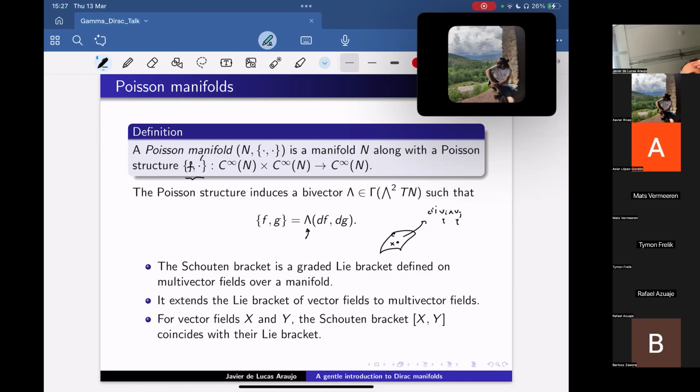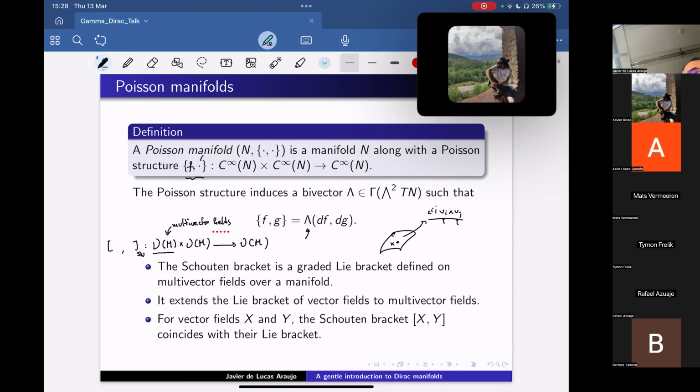You want to describe a bilinear mapping, the Schouten-Nijenhuis bracket, that goes from here to here, and it has certain properties. These multi-vector fields: the zero-vector fields are functions, the one-vector fields are standard vector fields, bivector fields are things that at every point look like this, then three-vector fields, and so on.